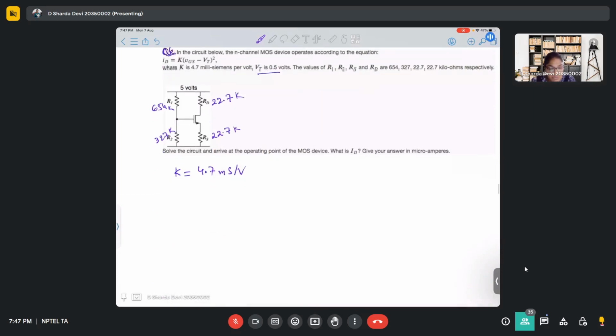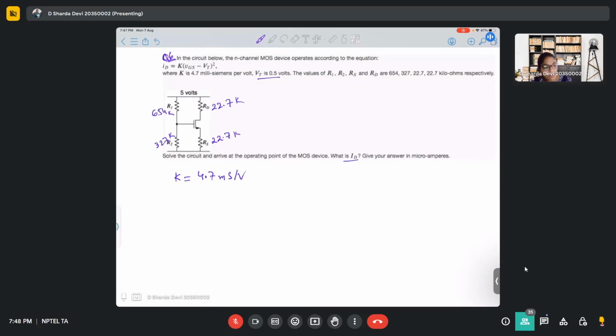So moving on to this problem. Here again we have to solve for the value of ID. So how will we solve the ID? First of all, since the transistor is in saturation, first step, find VGS. But from the voltage divider rule, you'll only get VG, not VGS, because S is not ground over here.